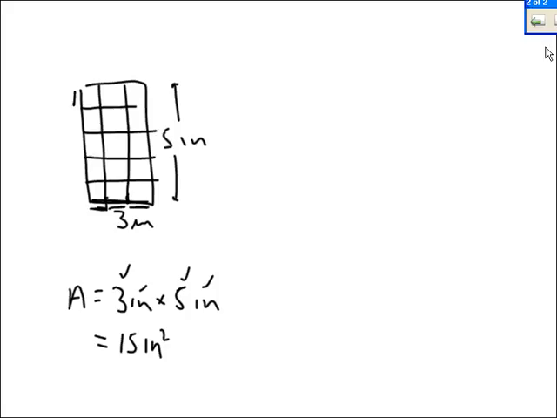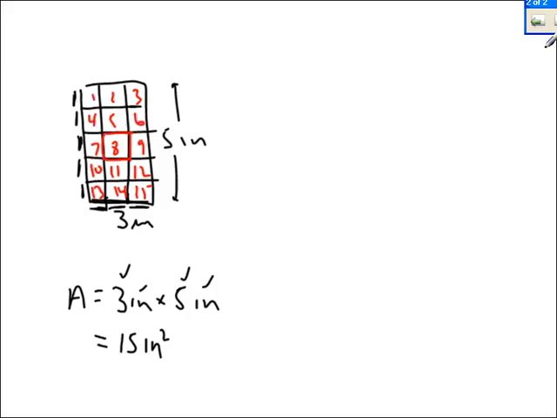You have a 4th inch and a 5th inch. So now we have a number of squares inside, and they're each 1 inch by 1 inch. We call that red one 1 square inch. But we have 15 of them: 1, 2, 3, 4, 5, 6, 7, 8, 9, 10, 11, 12, 13, 14, 15 of these little square inches.